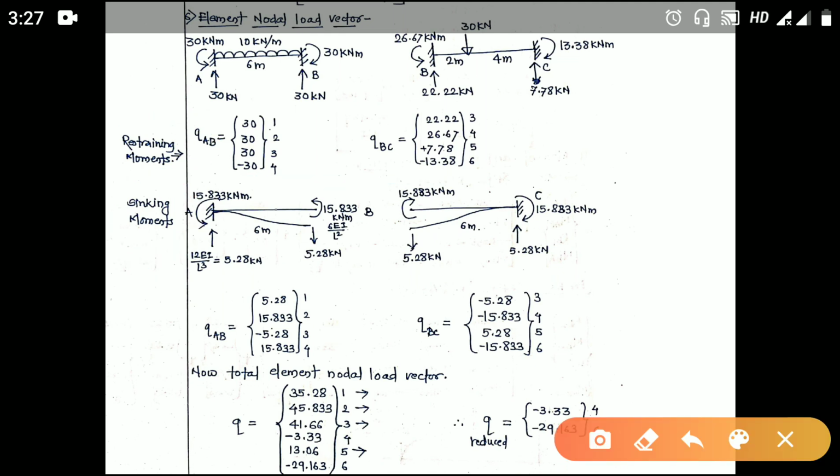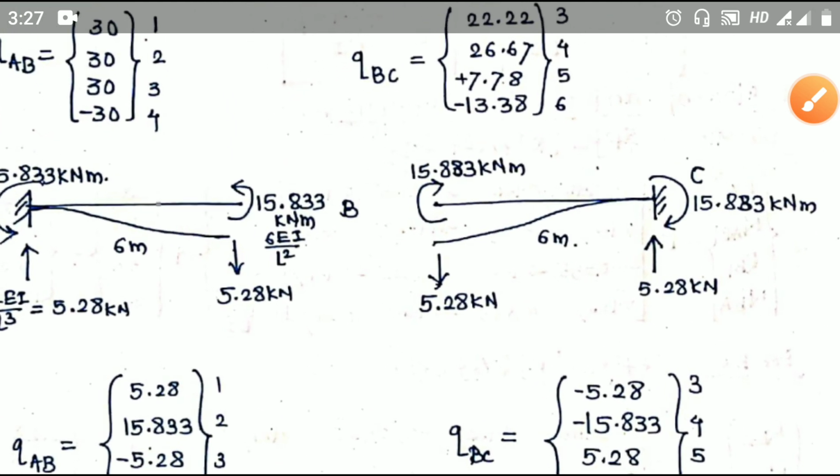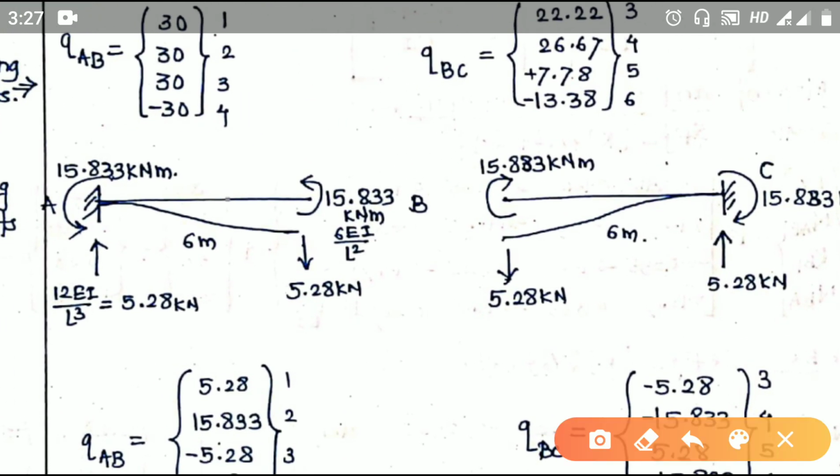So for the sinking moment at B, a sinking of 25 mm is given, right? So first you calculate the sinking moments. For that you need to represent this figure here. First for the AB part, show the sinking of 25 mm, calculate it in meters, and then calculate this moment, which is 6 EI upon L square.